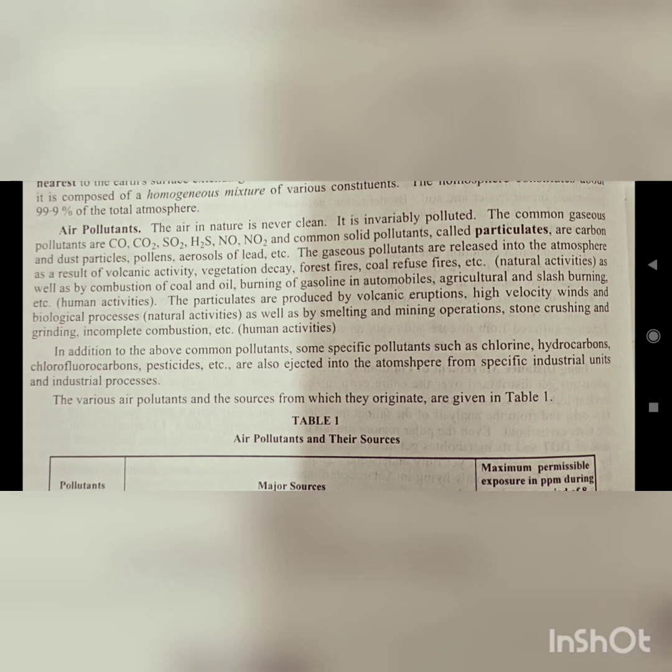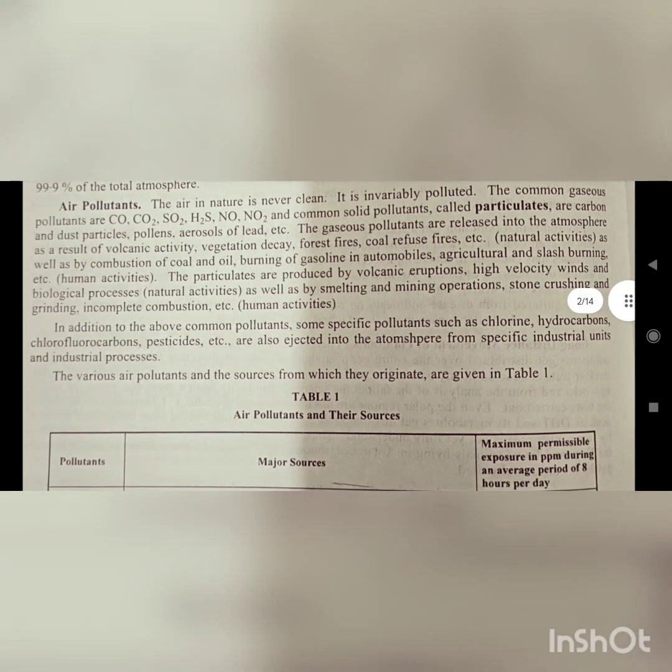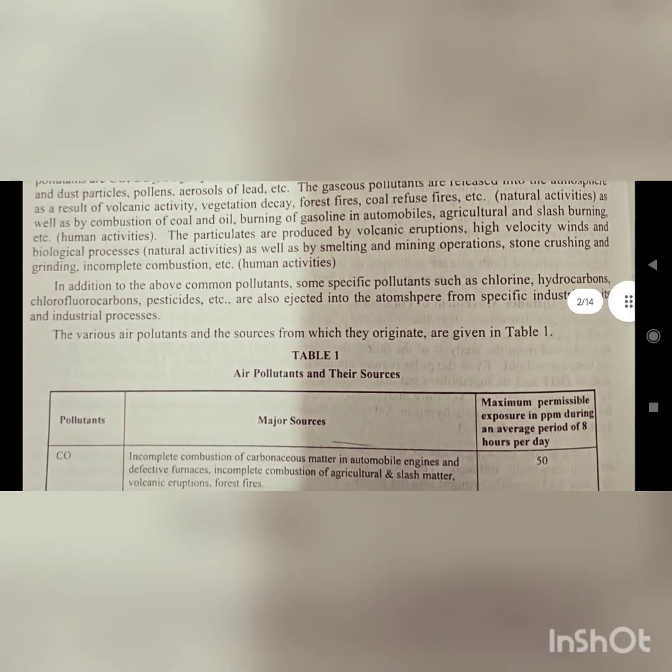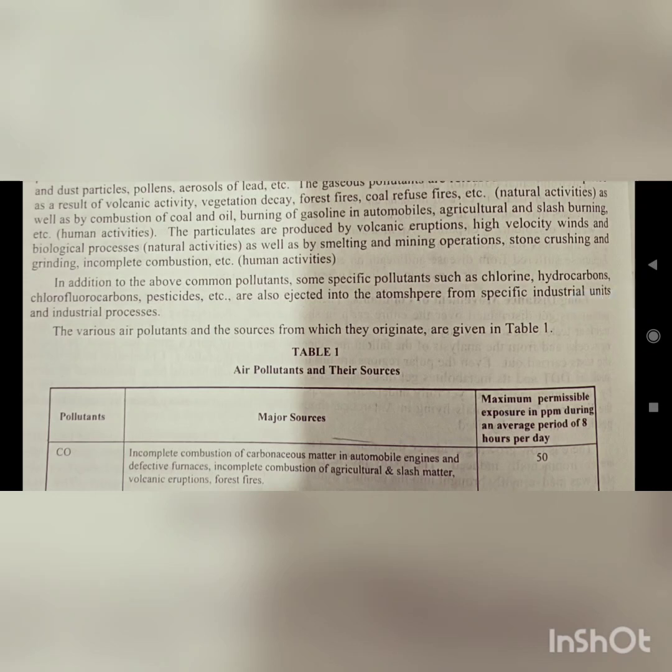The particulates are produced by natural activities such as volcanic eruptions, high velocity winds, biological processes, as well as by human activities such as smelting and mining operations, stone crushing and grinding, incomplete combustion.